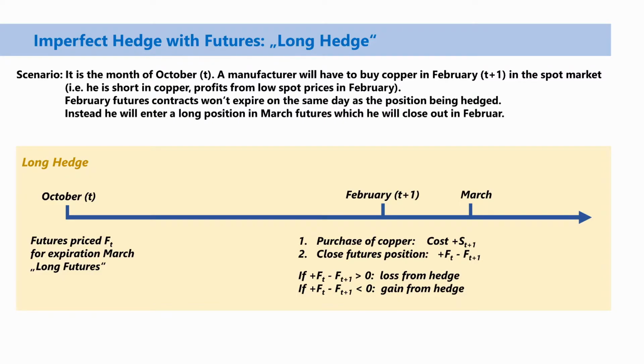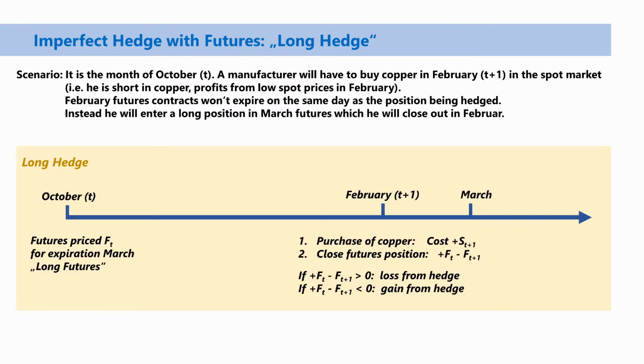A manufacturer will have to buy copper in February, which we denote as time t+1. Matching futures are not available, so he enters into futures which expire later than February, let's say March. Since he is short in the copper, he goes long in the futures. Therefore, such a position is called a long hedge.